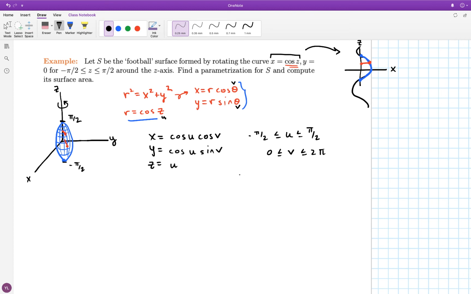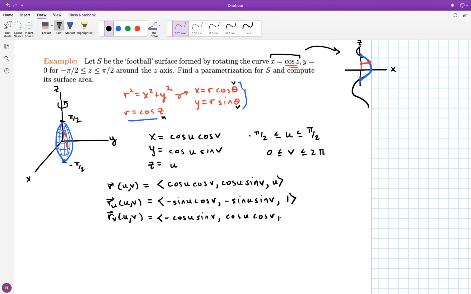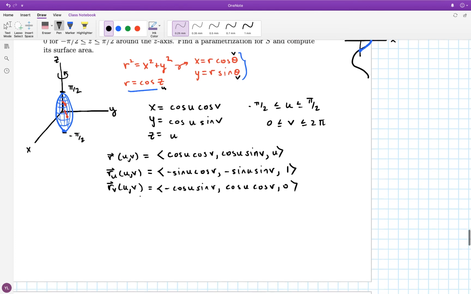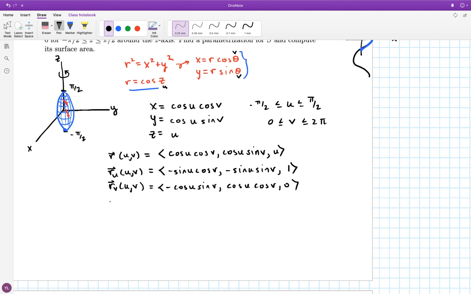Okay, so with that, I've got my parameterization, and I can set up the surface area expression. So let me just write out r(u,v) and take a couple partial derivatives. And as before, since I have r_u and r_v stacked, I'm going to go ahead and take the cross product below.